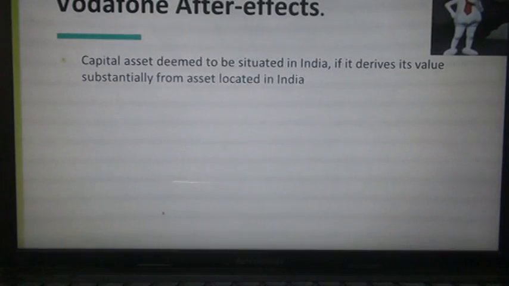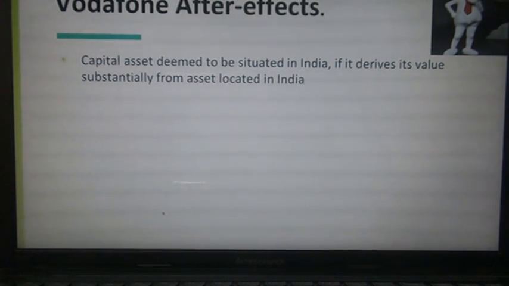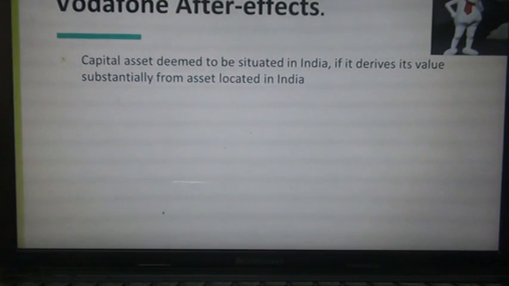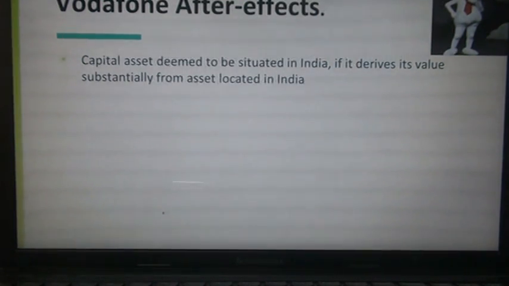Talking about an amendment to Section 9, as we all know, in 2012 there was a change which took place in the criteria given by Section 9(1), that is the deeming provision, and indirect transfers also came to be taxable.